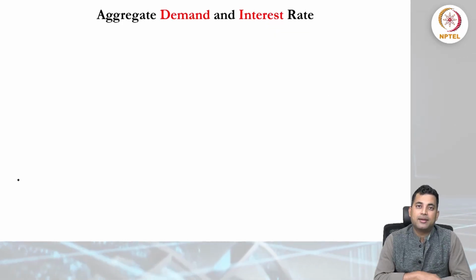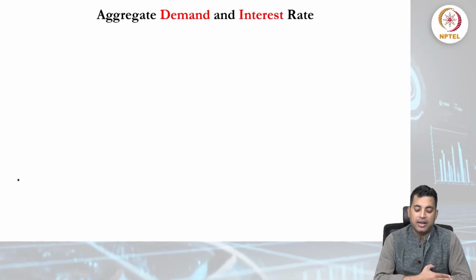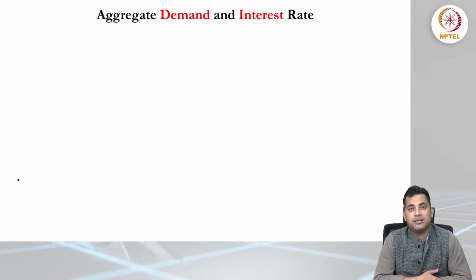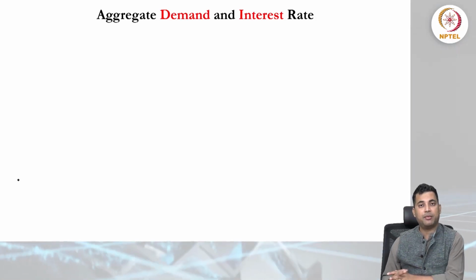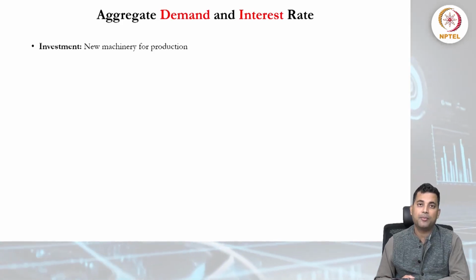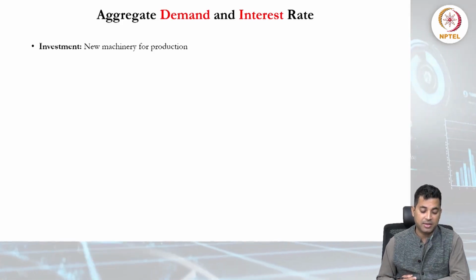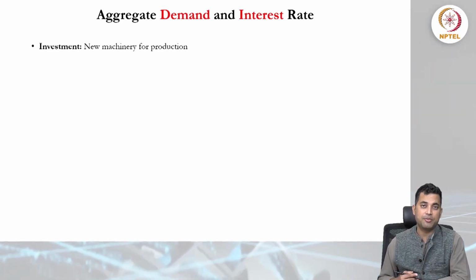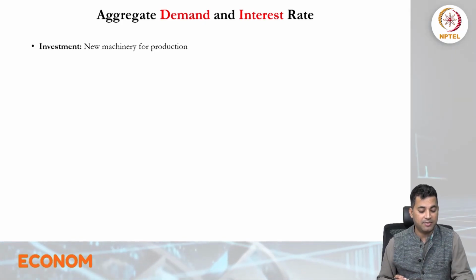Now let's try to understand aggregate demand and the rate of interest. What is the relationship between these two? So far, the way we have tried to understand investment is through fixed planned investment. Investment is basically the new machinery for production, so in the production function investment becomes very important.